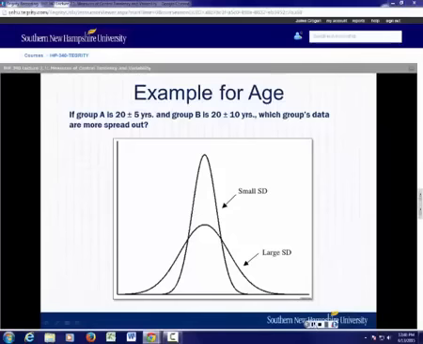So for Group B, it takes a wider interval to include the middle 68%. So that plus or minus 1 standard deviation is a wider interval. It is 10 to 30 years to include the middle 68% of scores. Whereas Group A, that interval to include the middle 68% is narrower. It is 15 to 25.